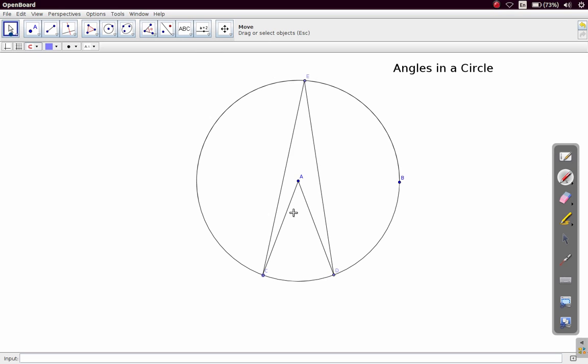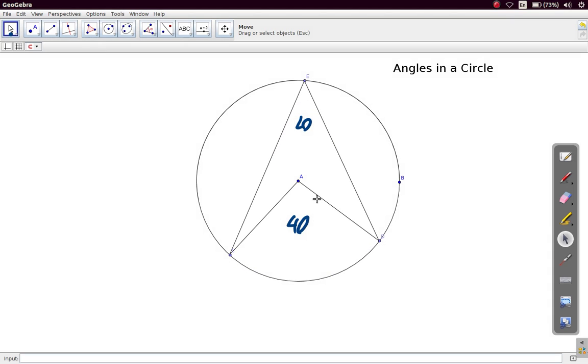If this angle is 40 degrees, this would be 20 degrees, right? If you have this angle 60 degrees, let me erase these. If you have this angle 60 degrees, then this angle will be 30 degrees.